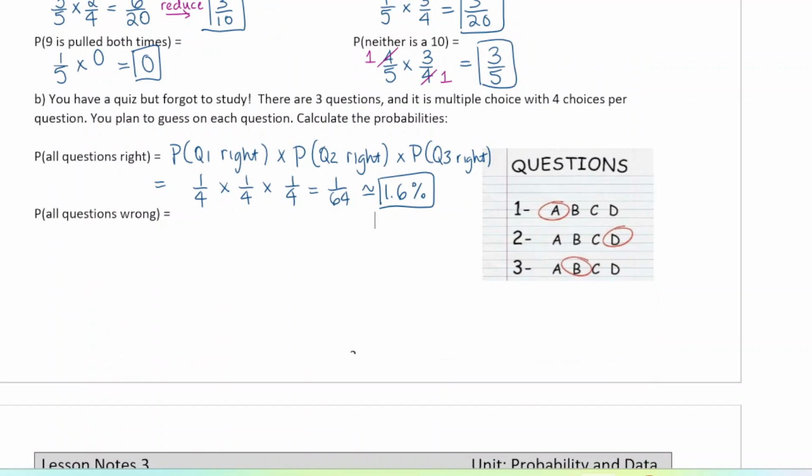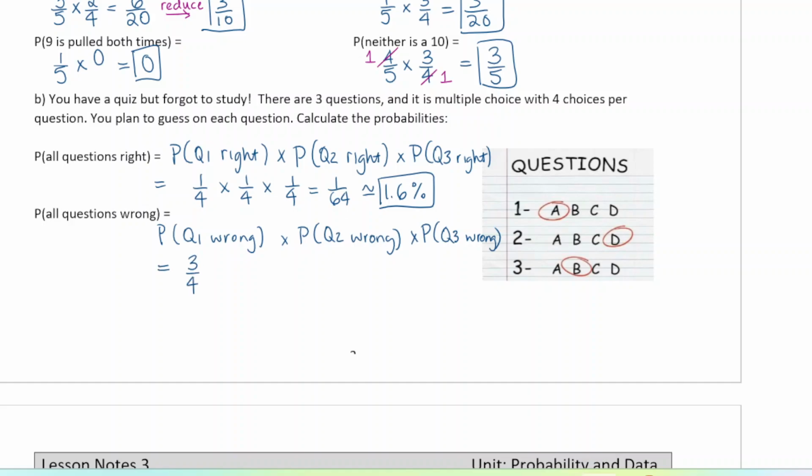Now, what are the chances we get all 3 wrong? Chances are much higher. So it's going to be the probability we get the question 1 wrong times probability we get question 2 wrong times the probability we get question 3 wrong. So chances we get question 1 wrong are 3 out of 4.